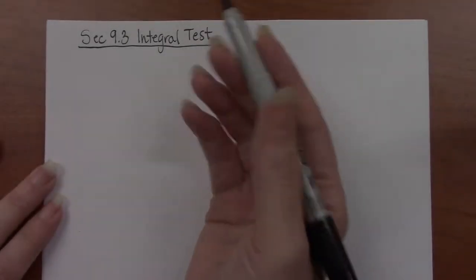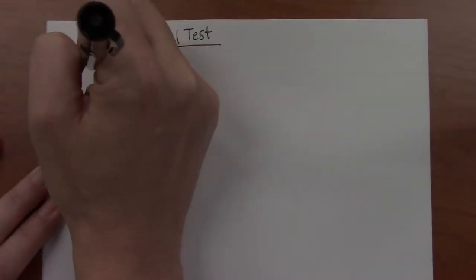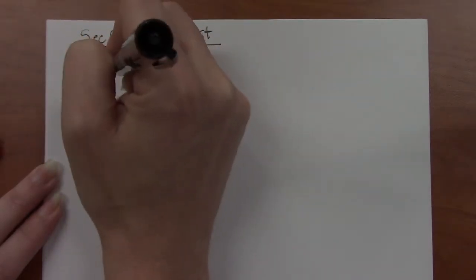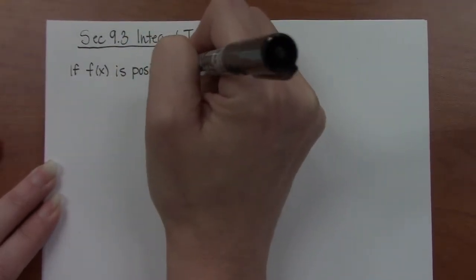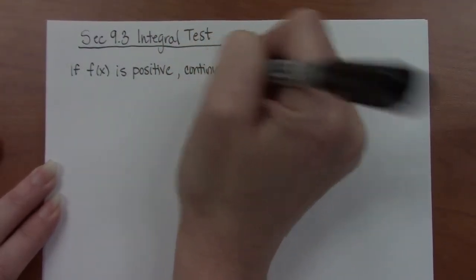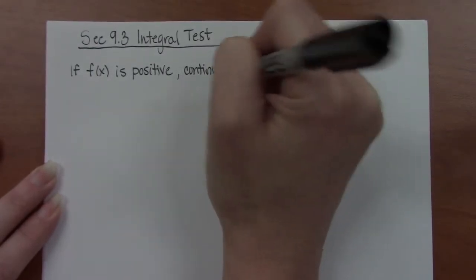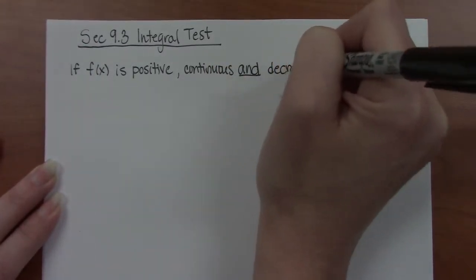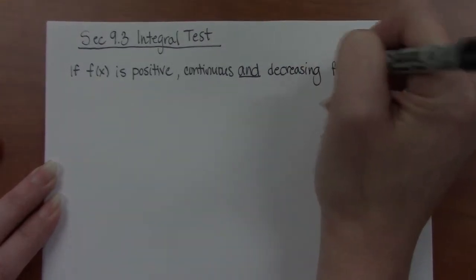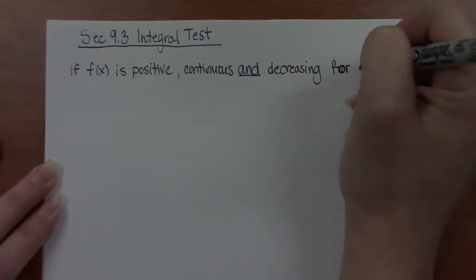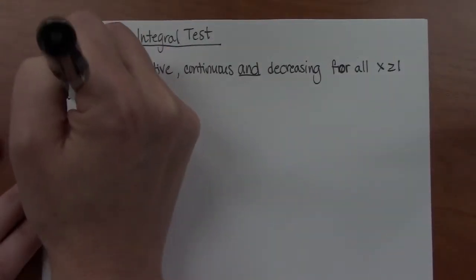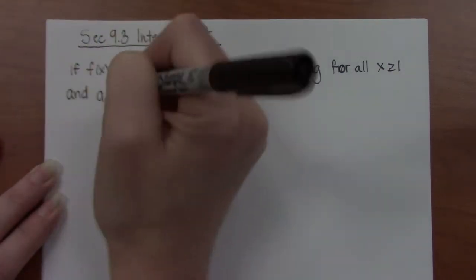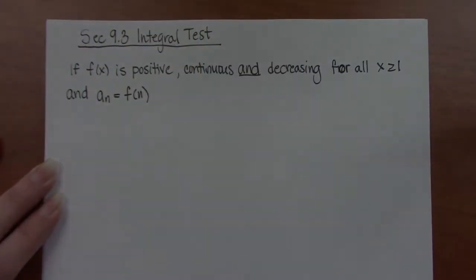So let's look at the criteria you need to even apply the integral test to a series. So if you have a function f of x that is positive, continuous, and decreasing, for all x greater than or equal to 1, and you have a sequence that could be written as a function of n.